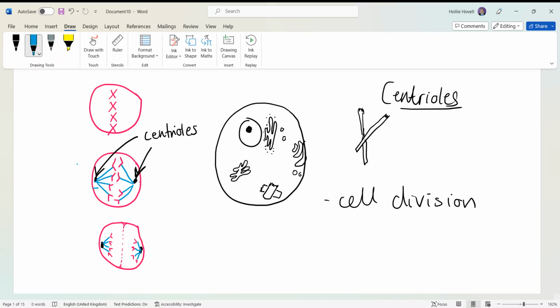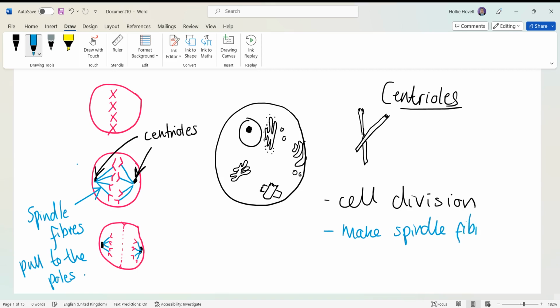So what we need to know is that the centrioles make the spindle fibers, which attach to the chromosomes and pull them to the poles in cell division. That's their job. So let's add on that in cell division, they make spindle fibers.